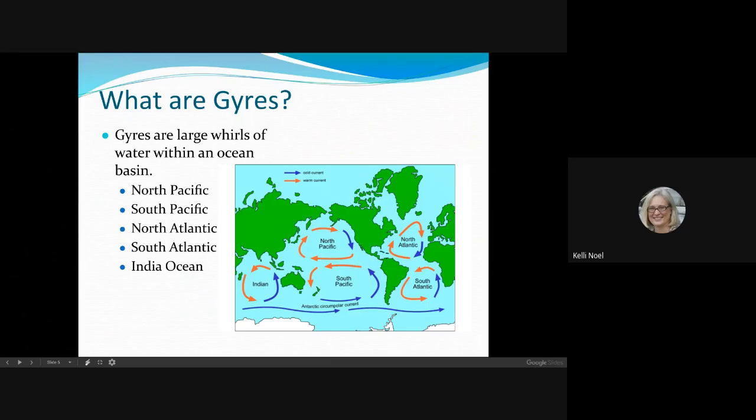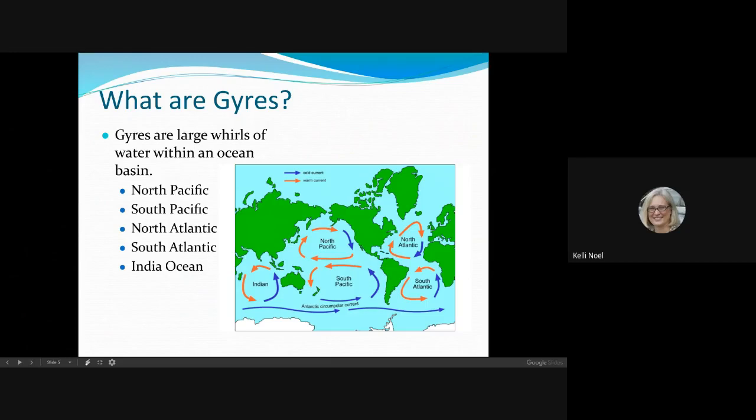So the definition is up here at the top. Large swirls of water within an ocean basin. These are not the exact same one, but right now, you need the definition.